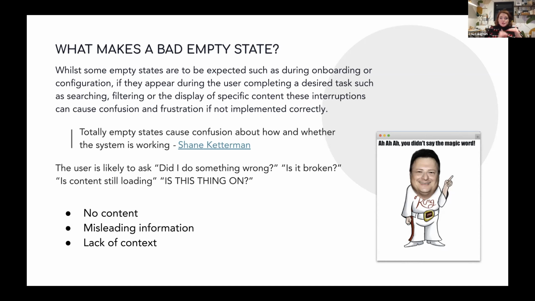What constitutes that experience from a design perspective is no content. If you show nothing, they're going to expect nothing. Misleading information, which is leading them down the wrong path, and also a lack of context of why this situation is going on.